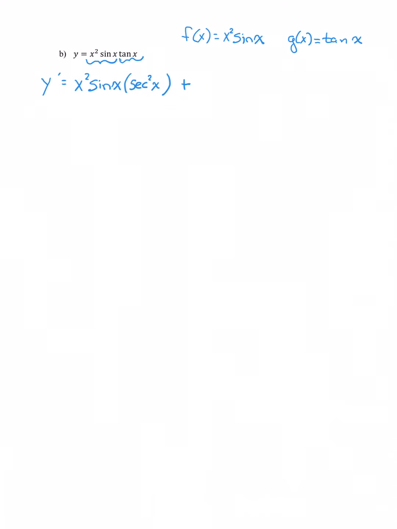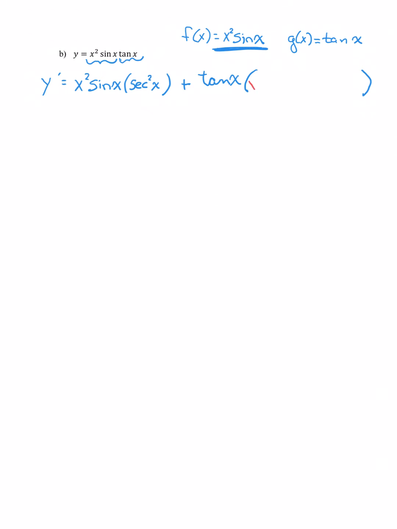Yes? And then the second part is you take your second function and write it down, but then you take the derivative of your first function. Now, be careful here, because this, one more time, is the product rule. So in red, let us go ahead.